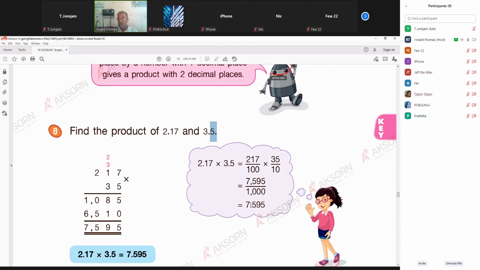So there will be 3 numbers in your decimal place. Please read the information slowly. Count your decimal points.